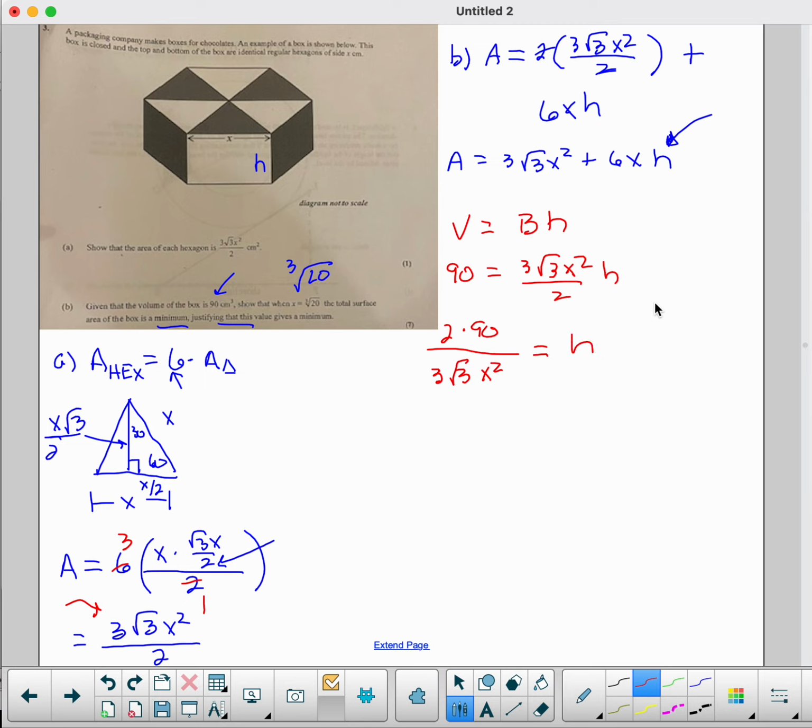Okay. So 2 times 90 is 180, divided by 3 is 60. So we get 60 over root 3 x squared.